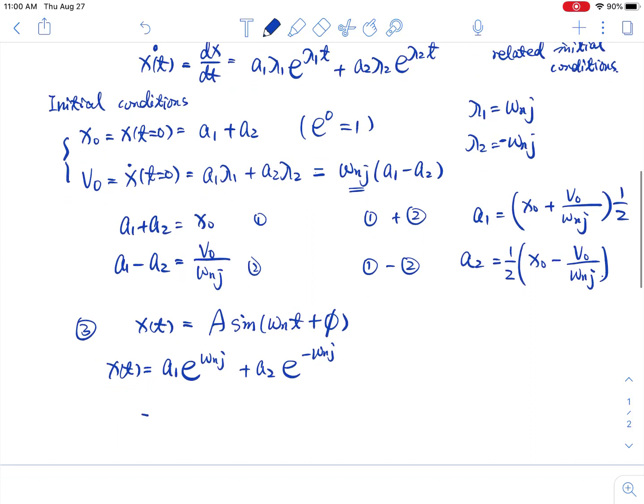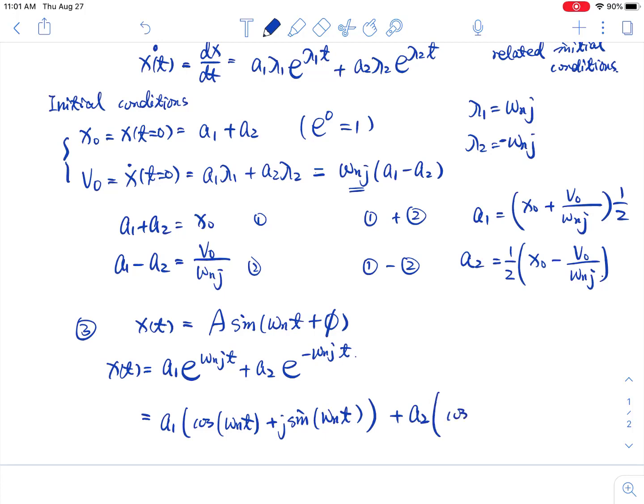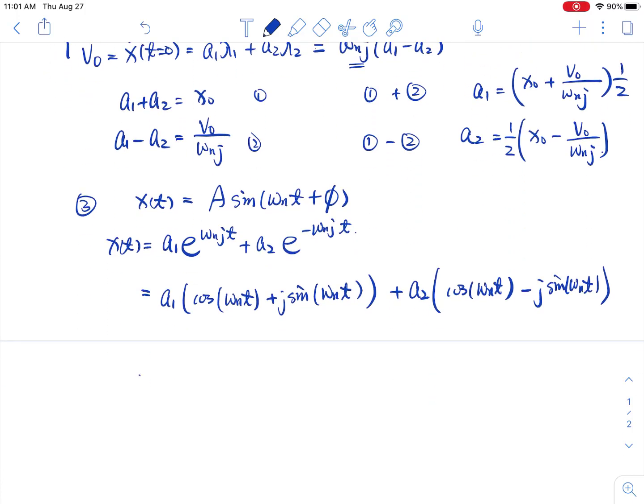So based on Euler's equation, your e^(ωn j t) is just cosine ωn t plus j sine ωn t, and then a2 times cosine ωn t minus j sine ωn t. All right, so then we also collect terms.